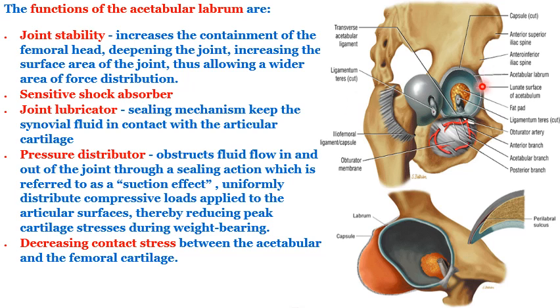As it is attached to the rim of the acetabulum, it keeps the synovial fluid in contact with the articular cartilages of the acetabulum as well as the head of the femur, and it also distributes the pressure equally by not allowing the synovial fluid to seep out of the joint cavity.